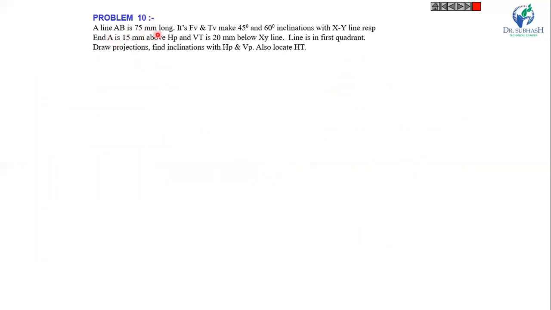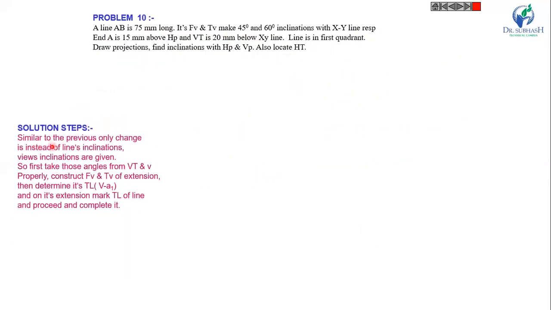Line AB is 75 mm long. Its front view and top view make 45 degree and 60 degree inclination with the XY line respectively. A is 15 mm above HP and VT is 20 mm below the XY line. The line is in the first quadrant. Draw projections, find inclination with HP and VP. Also locate HT.